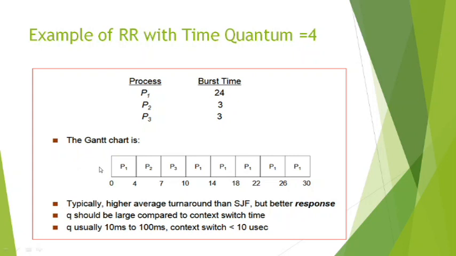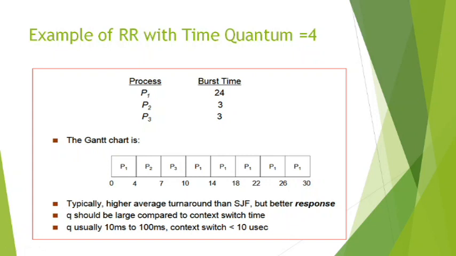First process P1 will come, it will execute 4 milliseconds and again go to the ready queue. Then process P2 executes from 4 to 7, P3 executes from 7 to 10, and again P1 will execute in time quantum 4 and it will end its execution at 30 milliseconds.